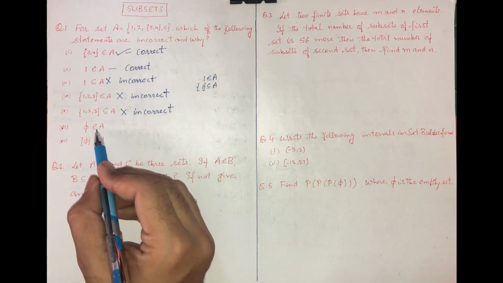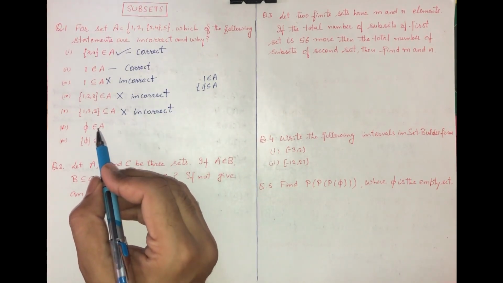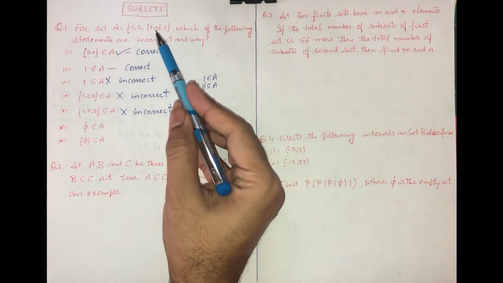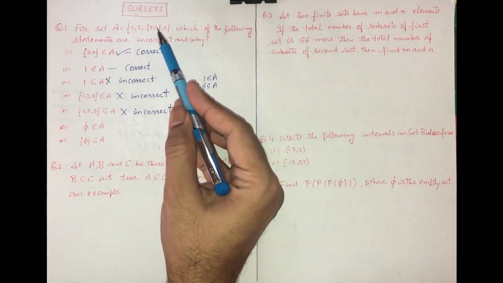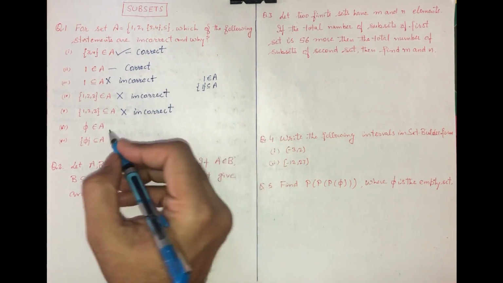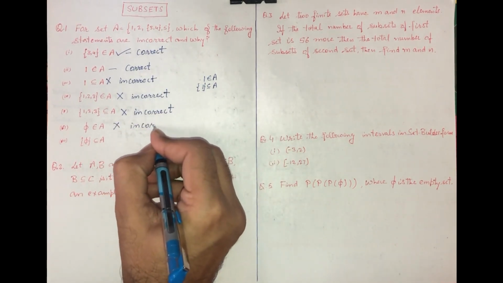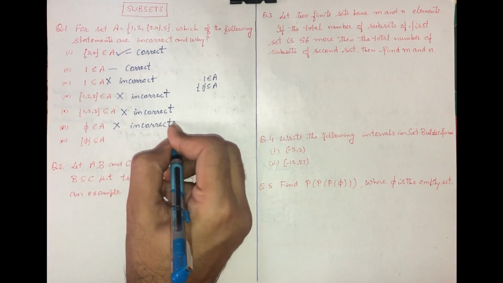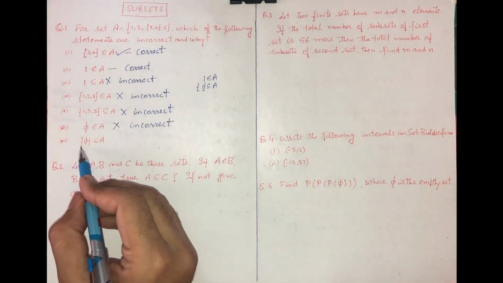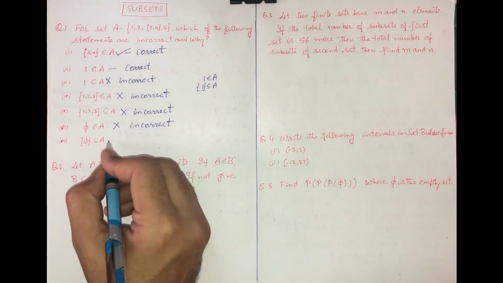Phi belongs to A. Whether empty set belongs to this set? No. So this is also incorrect. Empty set is a subset of A. Yes, this is correct.